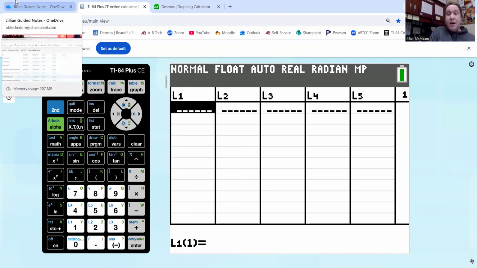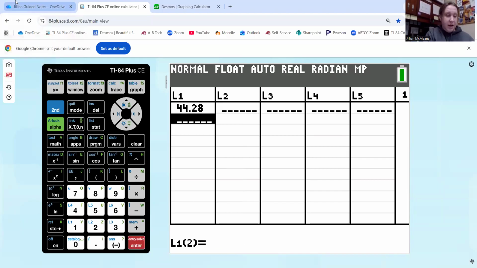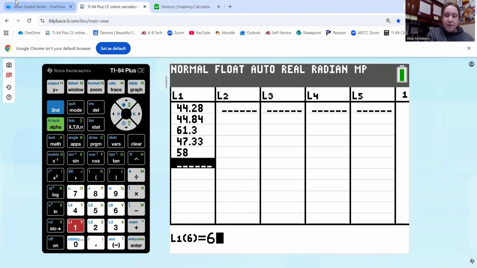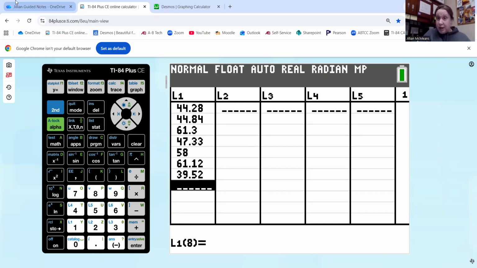So for the L1, I'm going to put my X values, which are 44.28, 44.84, 61.3, 47.33, 58, 61.12, 39.52. I'm going to double check to make sure I don't have any typos. Ooh, I forgot one. So don't be like me.